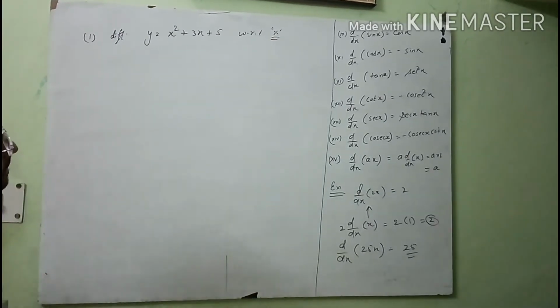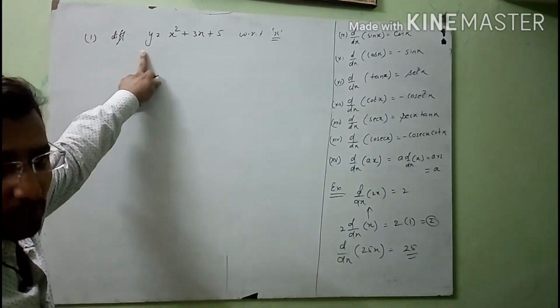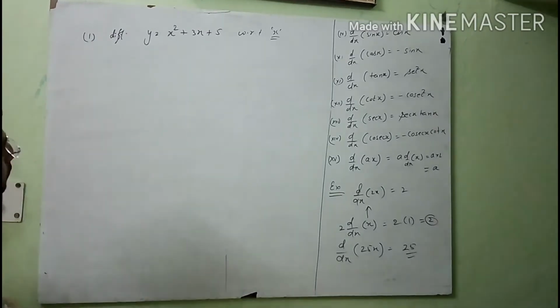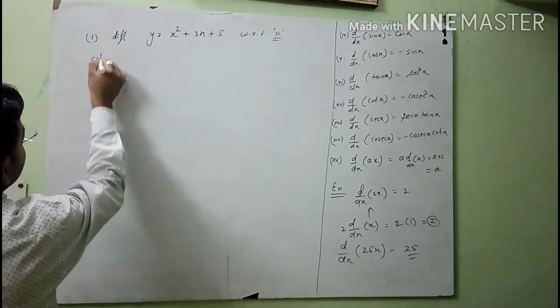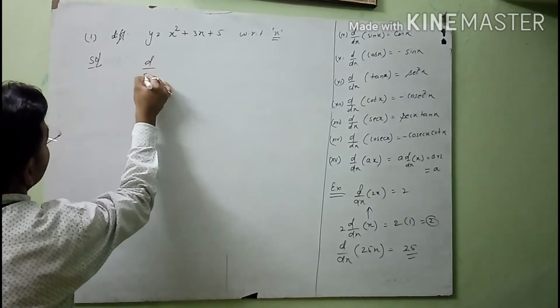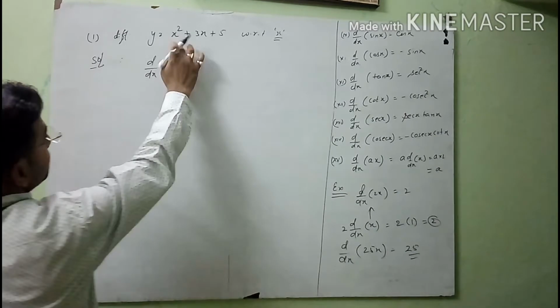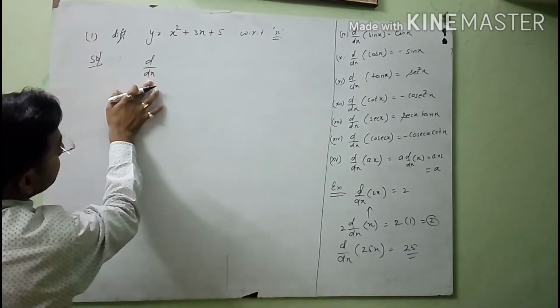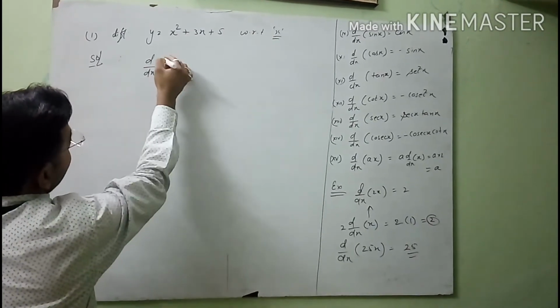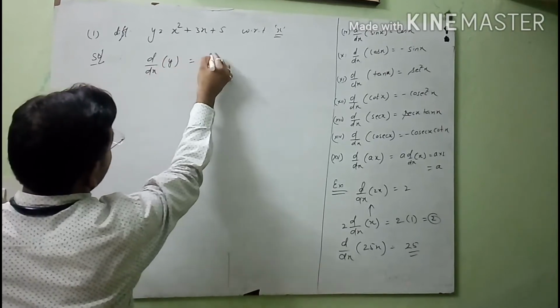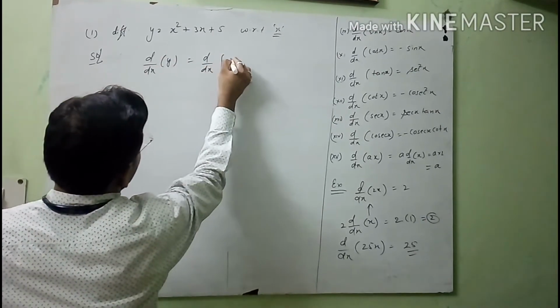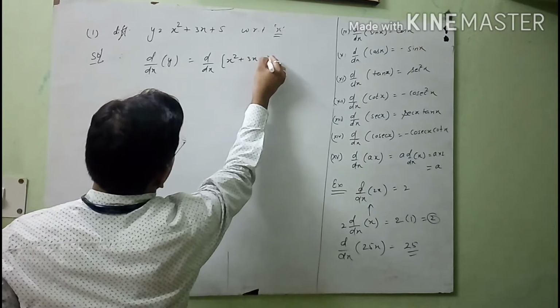When I have written differentiate this function with respect to x, then you will write this question like that: d upon dx, because here I am asking about the differentiation of this function with respect to x. So in the next step you will write x square plus 3x plus 5.